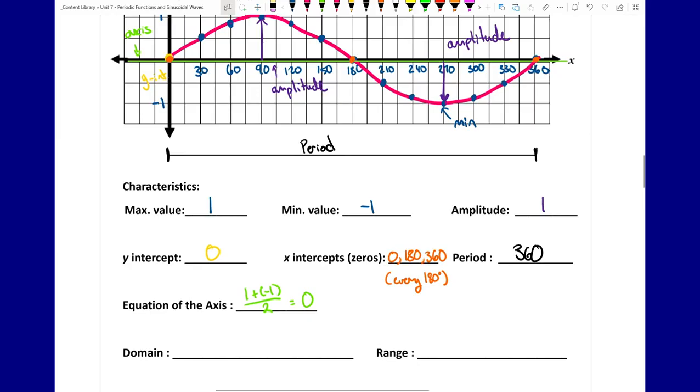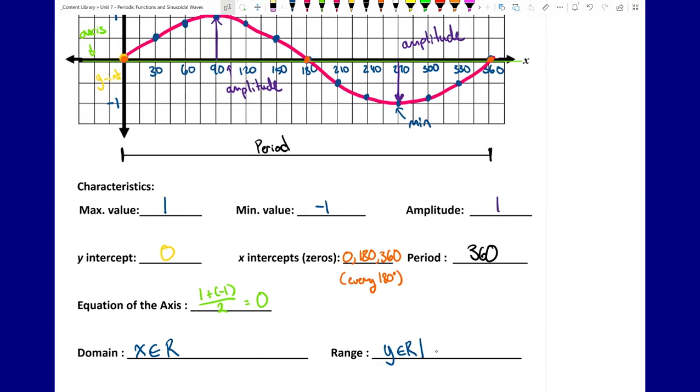Our domain, so again, going back all the way to our first unit, the domain for our x values, right? This can be x is any real number. Our range for the y value is y can be any real number, given that y is greater than or equal to -1, but less than or equal to +1.